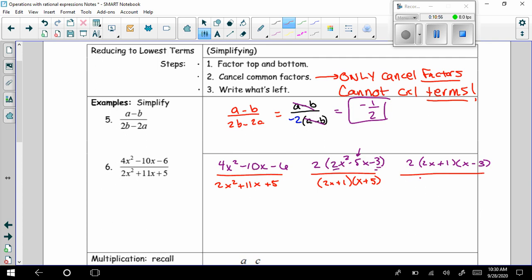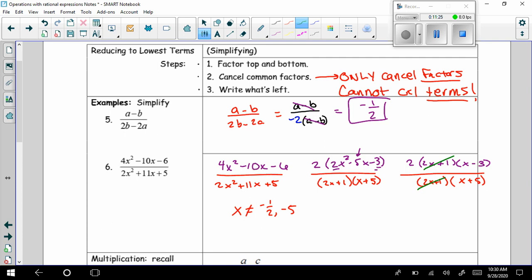And another way to kind of expedite the factoring process is the fact that I already had a 2x plus 1 on the top. Something's going to match, when the whole point of this is to reduce them. Okay? Your restricted values are -1/2 and -5. Be cognizant of that. Sometimes I won't ask you to list them, but it's just good practice too.